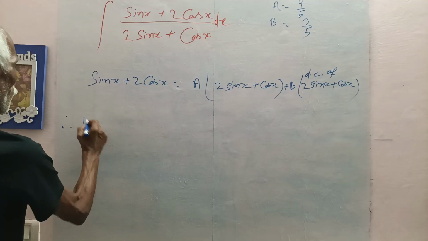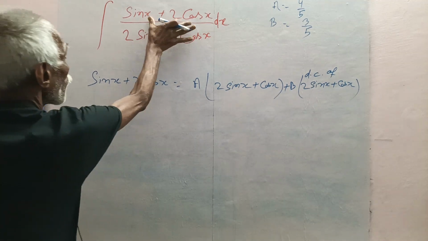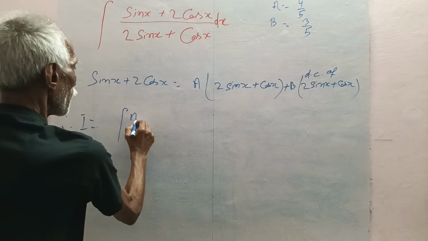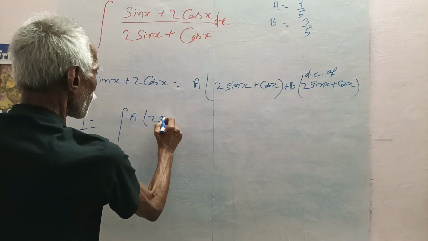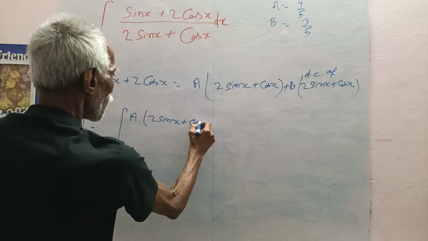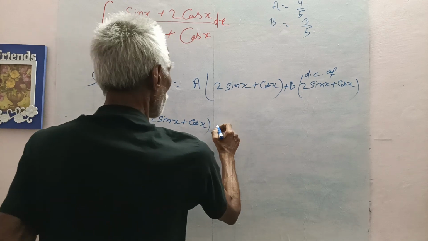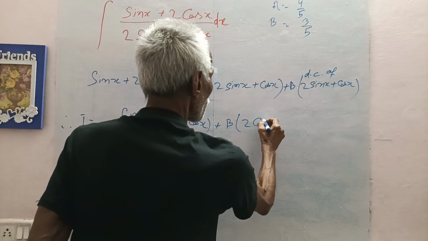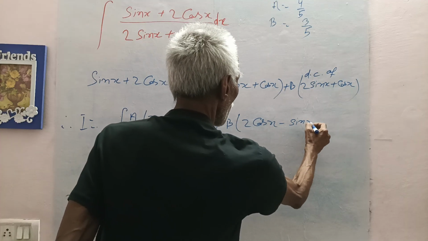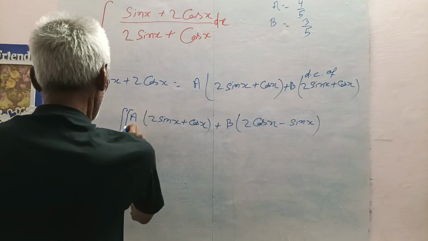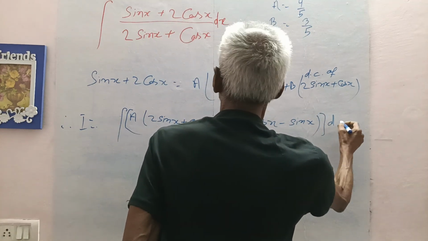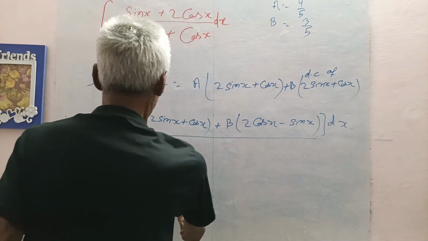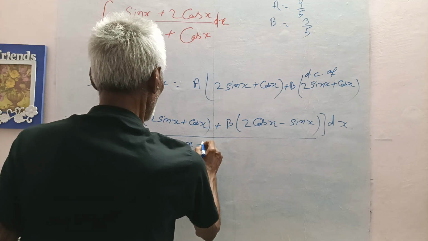Therefore, I is equal to, for this, write as integration of a into (2 sin x plus cos x) plus b into (2 cos x minus sin x) dx by 2 sin x plus cos x.